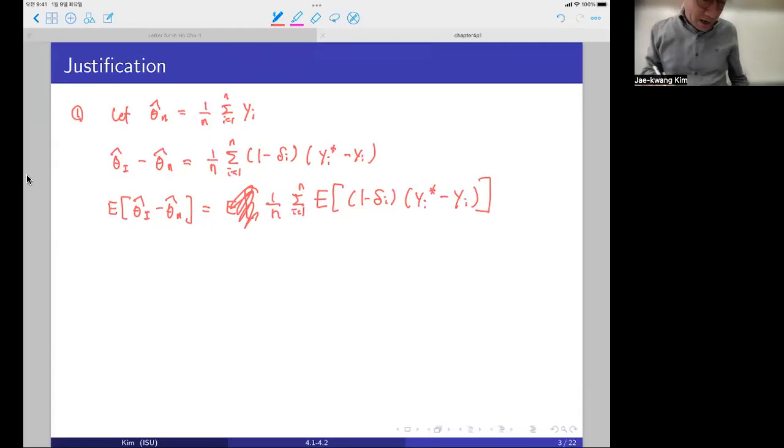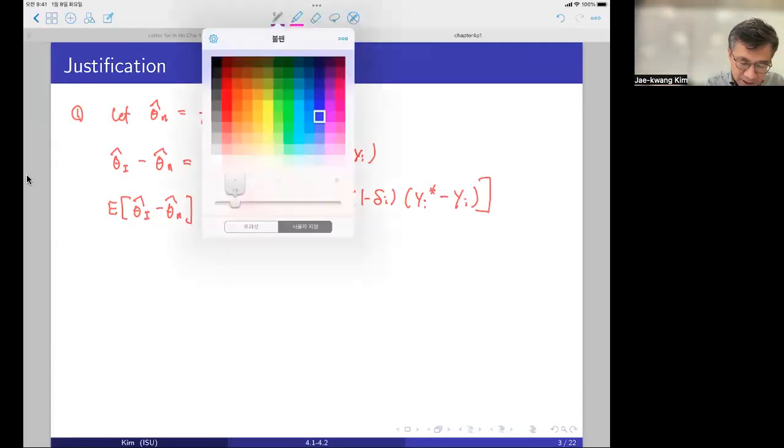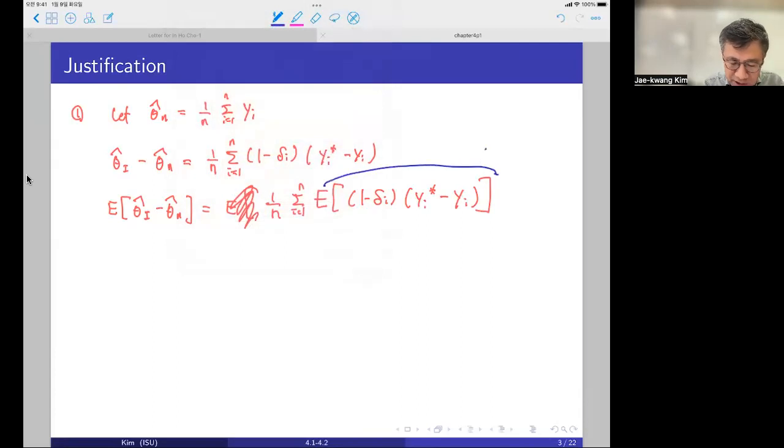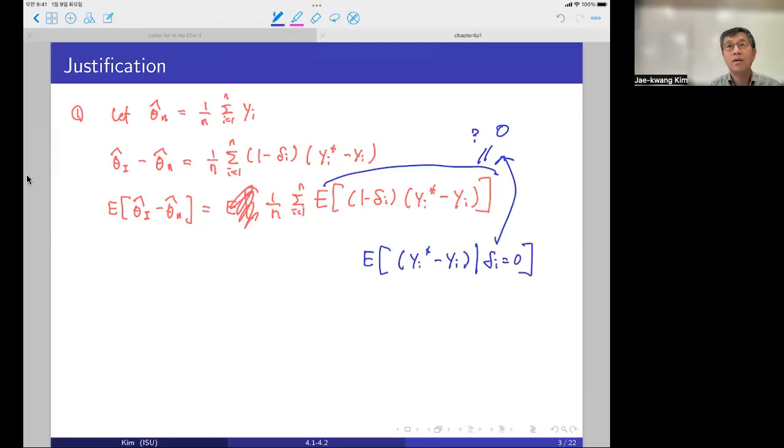So what is the sufficient condition? Basically, how to achieve this equal to 0? The condition is we want this guy conditional on delta i equal to 0 to be equal to 0.